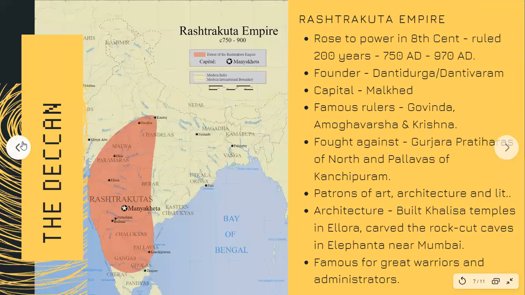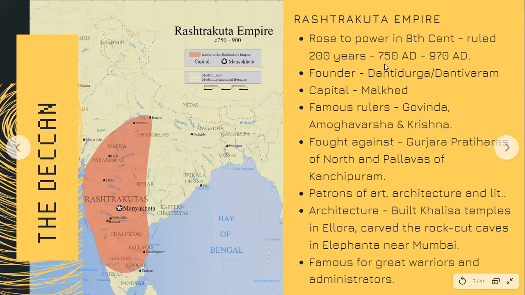So they rose to power in the 8th century. They ruled for 200 years between 750 AD and 970 AD. The founder was Dantidurga, also known as Dantivarman, and the capital was Malkhed. The famous rulers of the Rashtrakuta Empire were Govinda, Krishna, and Amoghavarsha.